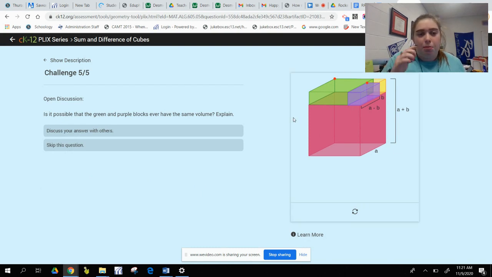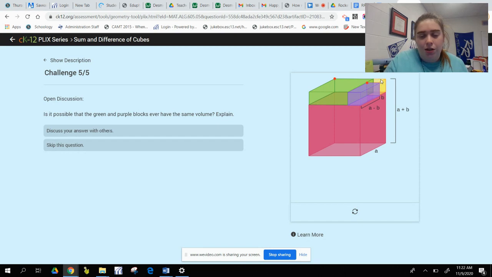So let's start to think about what sum and difference of cubes actually means. Basically, we're either adding together cubes or subtracting cubes from each other, right? To find whatever it is we're trying to find. In this case, we were trying to find a cubed, which was this pink block, plus b cubed, which was this yellow block up here.